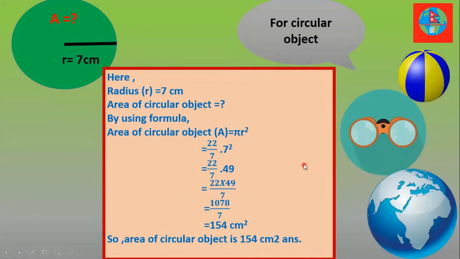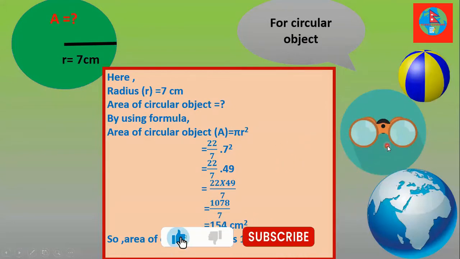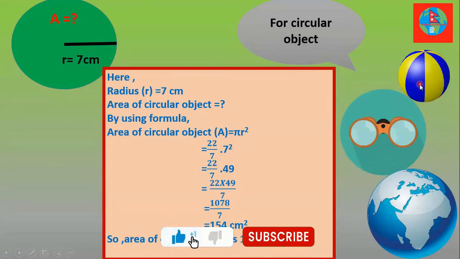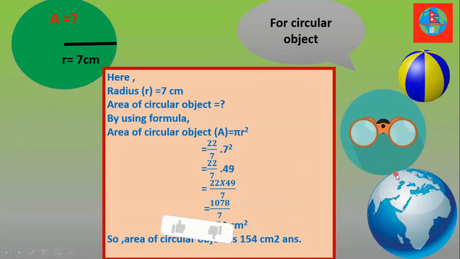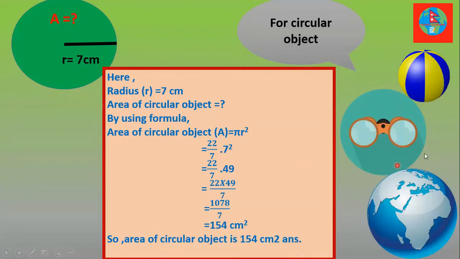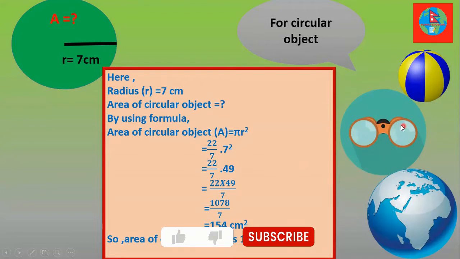Okay, now let's go here. What type of object is here? Is this rectangular? No, it is not rectangular. It is a circular object. Circular means round object.